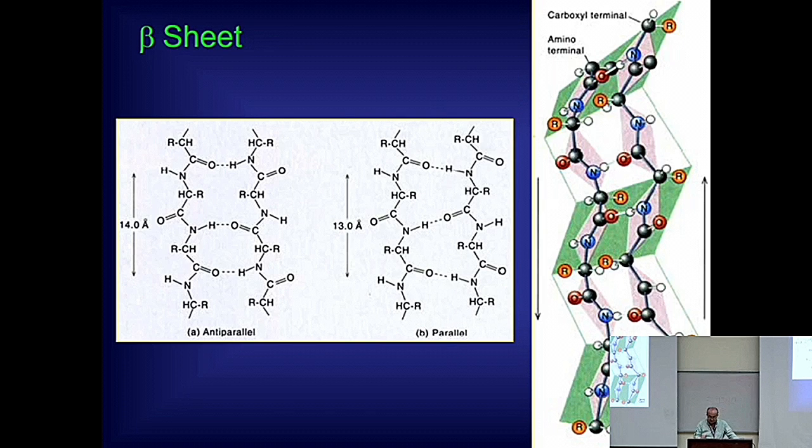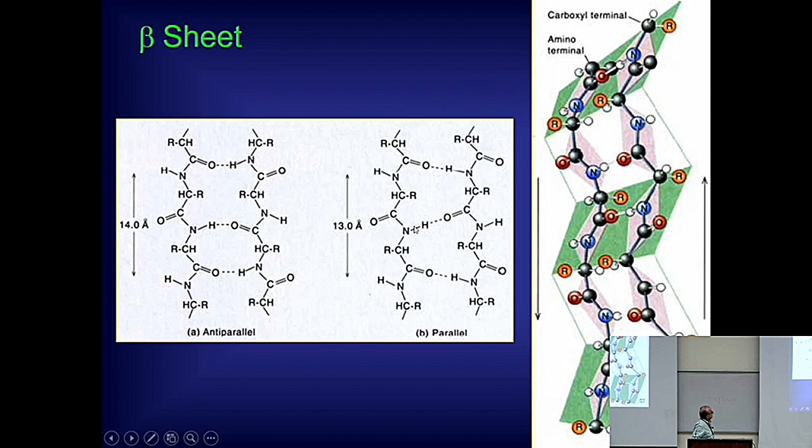So the second important question here to ask is, what keeps these two segments or two polypeptides together in this organized structure? Either way, they can be segments from the same polypeptide or two distinct polypeptides. The answer is hydrogen bonds. In this case, this would be an illustration. So imagine this one of them.